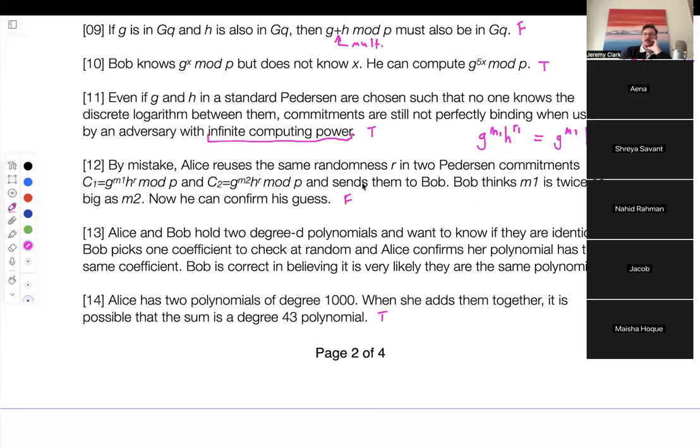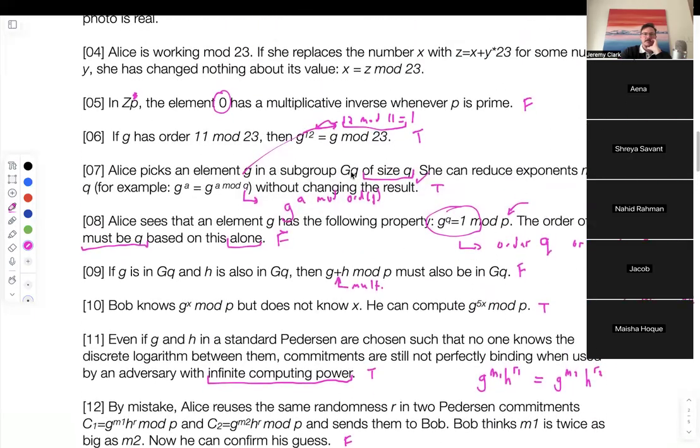Okay, a request to explain number six again. If G has order 11 mod 23, then G to the 12 equals G mod 23, right?